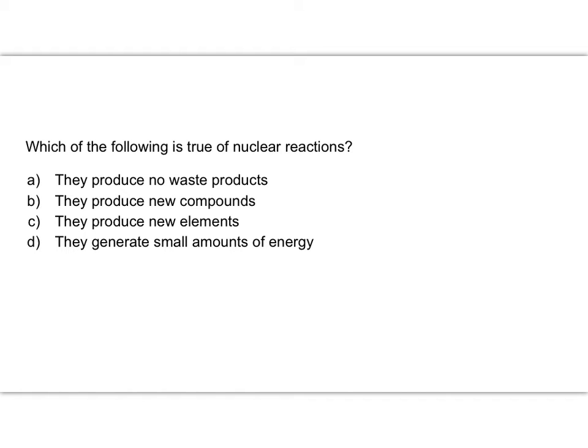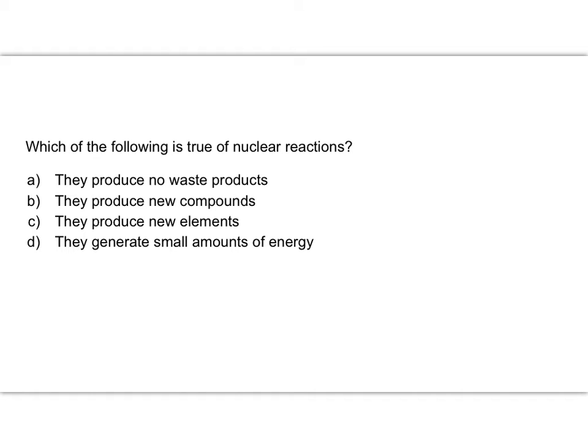Which of the following is true of nuclear reactions? Well, nuclear reactions are different from chemical reactions in a lot of ways. They release massive amounts of energy compared to chemical reactions. They are typically not affected by things like temperature and pressure.